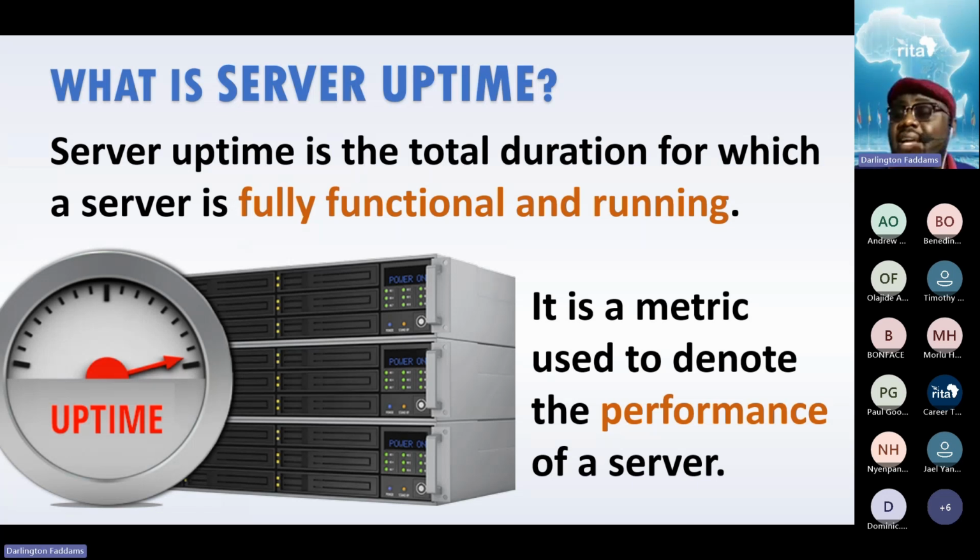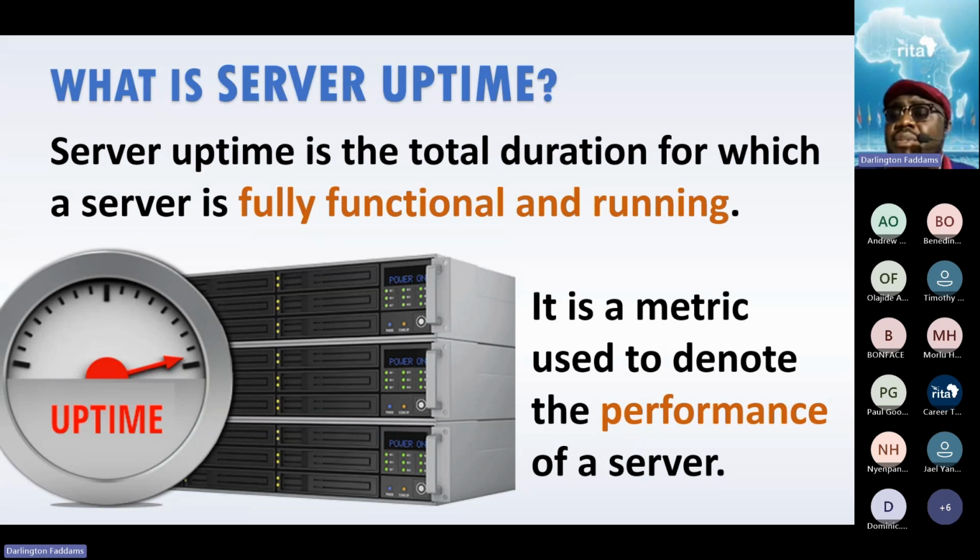If you get a downtime, what it means is that your server goes off from time to time. So the Nigeria problem, I think, is a server downtime problem. It's not about the domain at all.